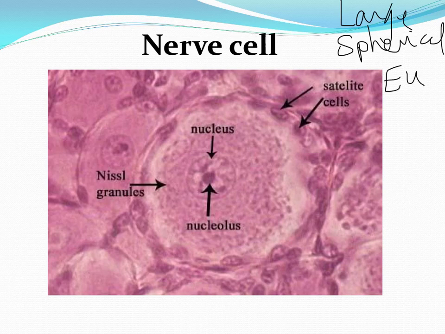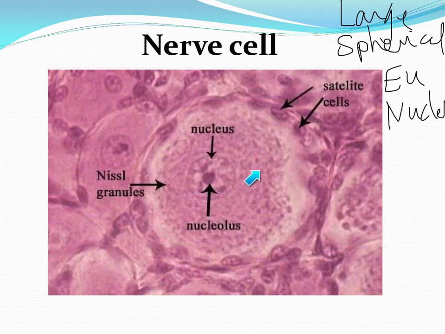And as long as it is achromatic, it has a prominent nucleolus, which is this one. So this is the nucleolus, and this is the achromatin, or the remaining part of the nucleus, and the nuclear envelope. So this is the feature of the nucleus of the neuron.